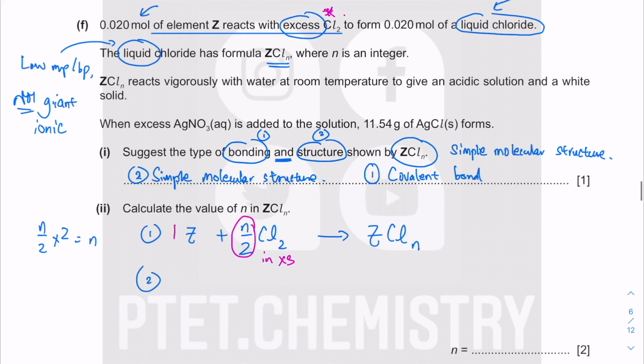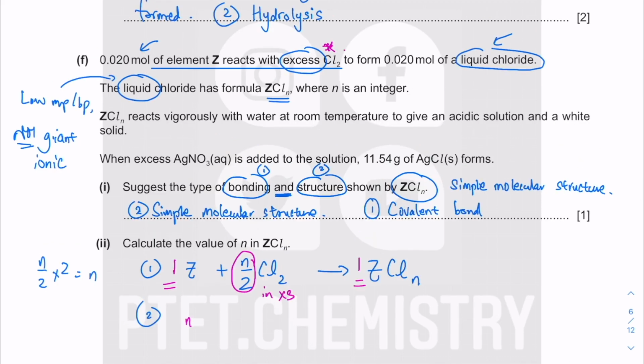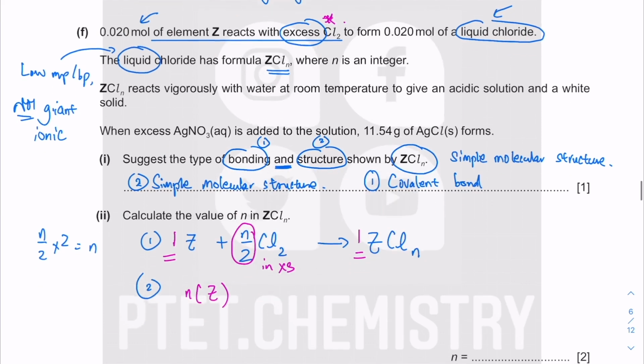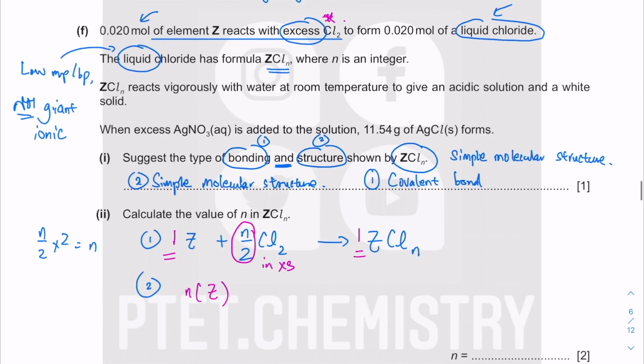So 1 mole of this will give you 1 mole of this because this is starting from Z and that has Z. Okay, so the mole of Z is to, I wonder how can I do this, huh? Okay, let me see. The mole of Z, wait, hang on, I don't think I need this equation at all.